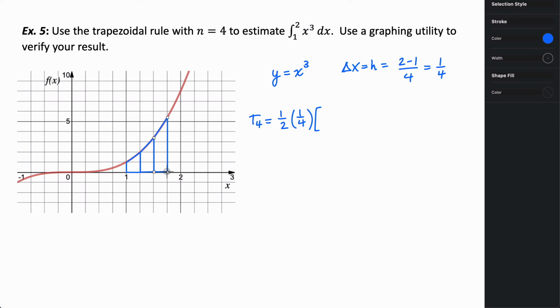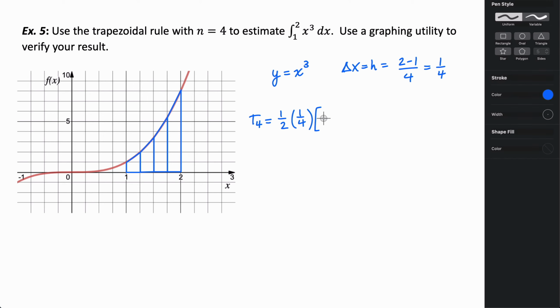So here we are. And the last one is here. It's our last little trapezoid. Okay? All right.